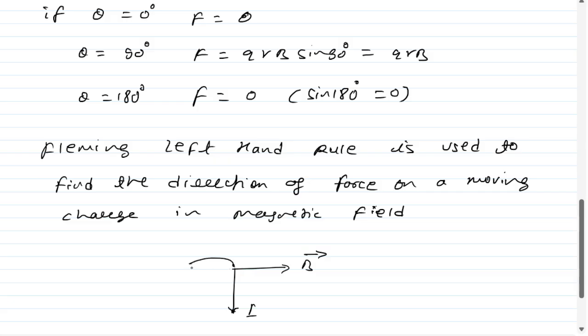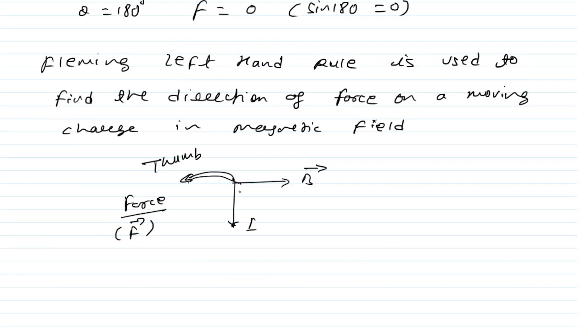Then the thumb will point in the direction of force. So I stands for current, B stands for magnetic field, and F stands for force. And we have to stretch all these three fingers at 90 degrees with respect to each other, in mutually perpendicular directions.